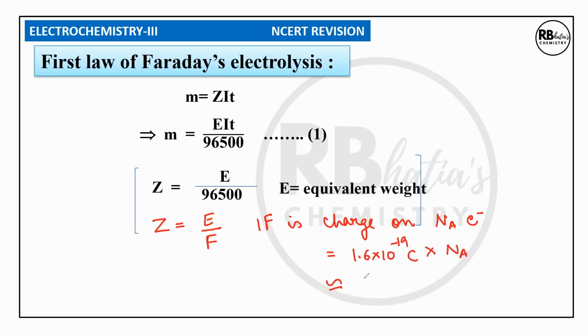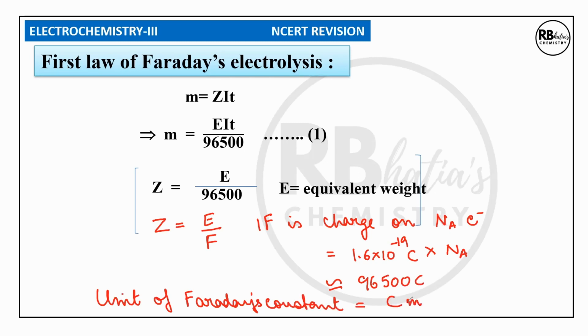When calculated, approximately rounded off, it comes out to be 96500. One of the questions which can be asked is, what is the unit of Faraday's constant? The unit of Faraday's constant is Coulomb per mole.